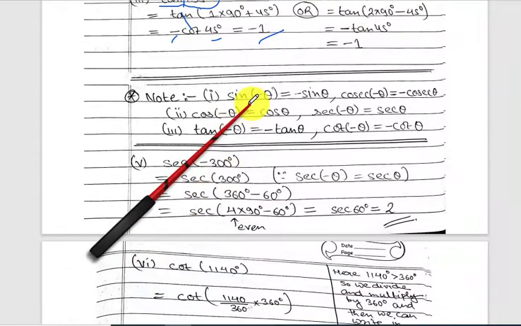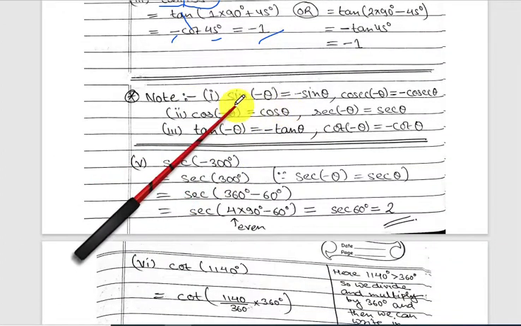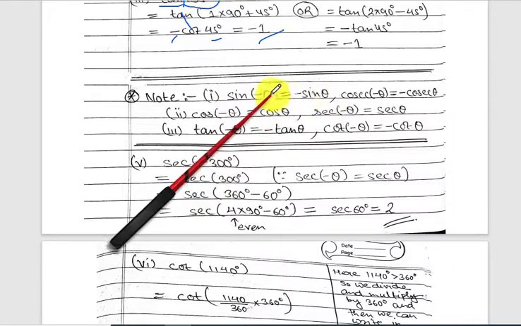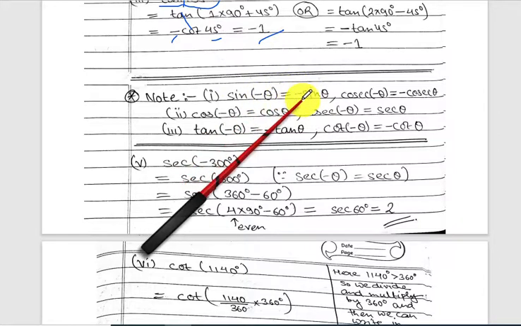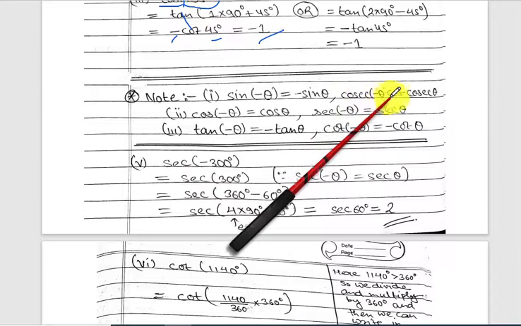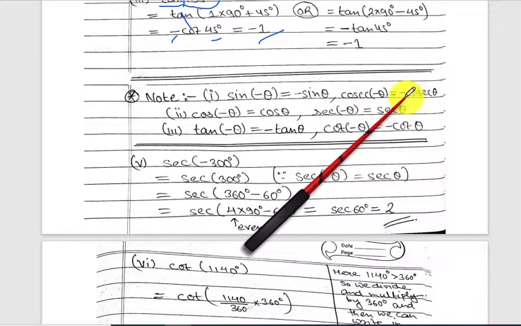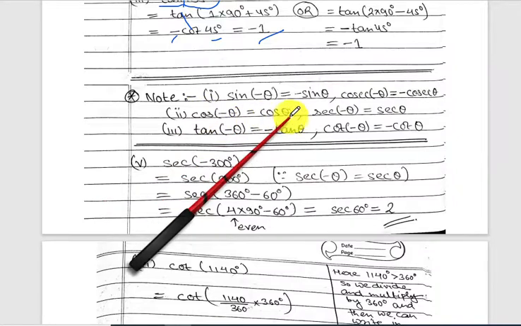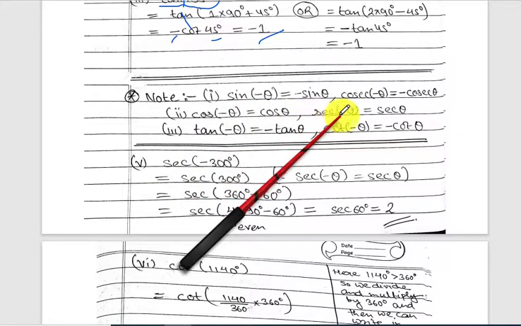Next, you should remember this. Sine minus theta is equal to minus sine theta. So if you have got sine minus 30, then the minus sign will come out and you write minus sine 30. So cosec minus theta is written this way, minus cosec theta. Cos minus theta is written as cos theta. Sec minus theta is written as sec theta.